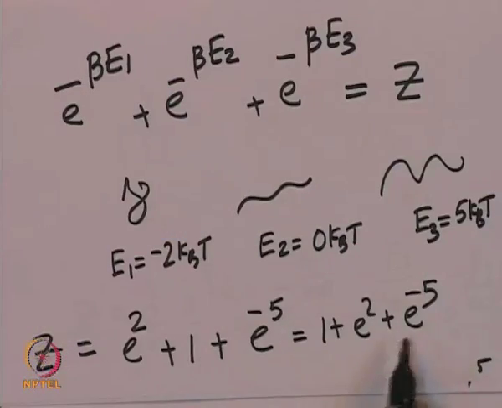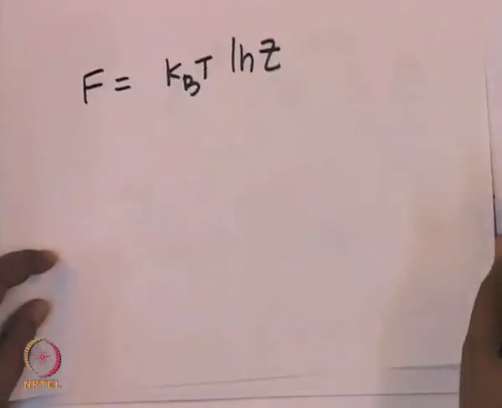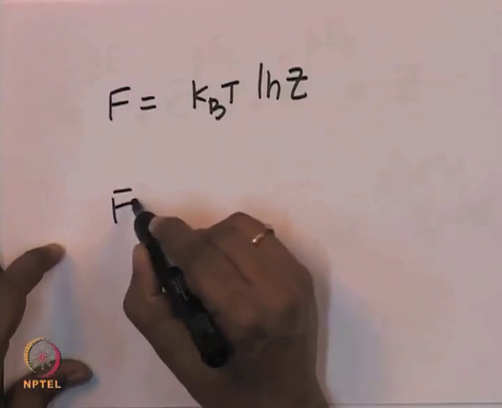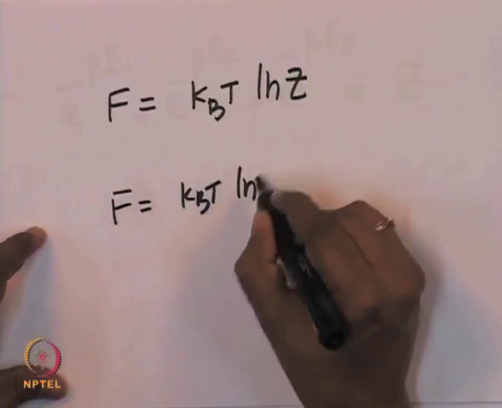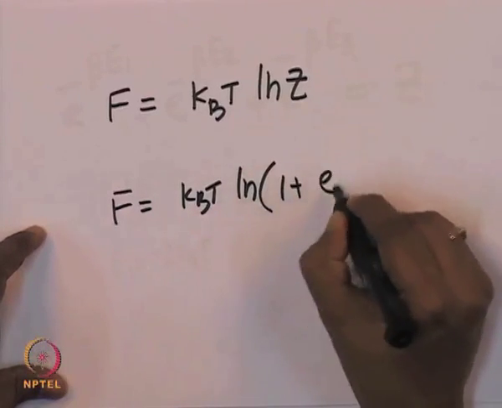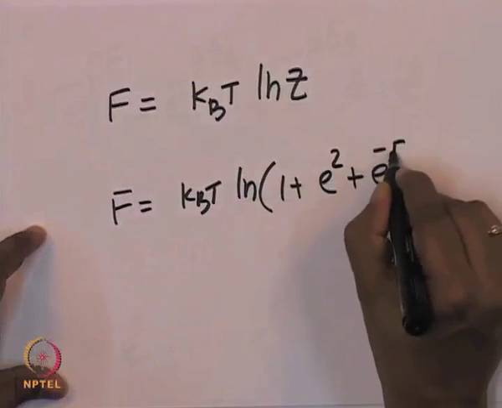So, if you know all the states here, you can take the log of this, and in this case you have 1 plus e power 2 plus e power minus 5. So the free energy of this system is kBT log of 1 plus e power 2 plus e power minus 5.